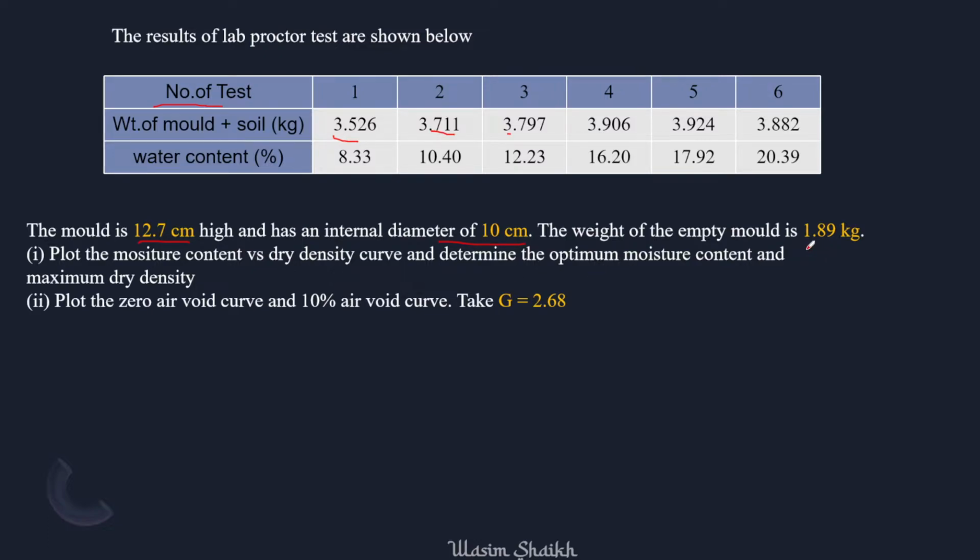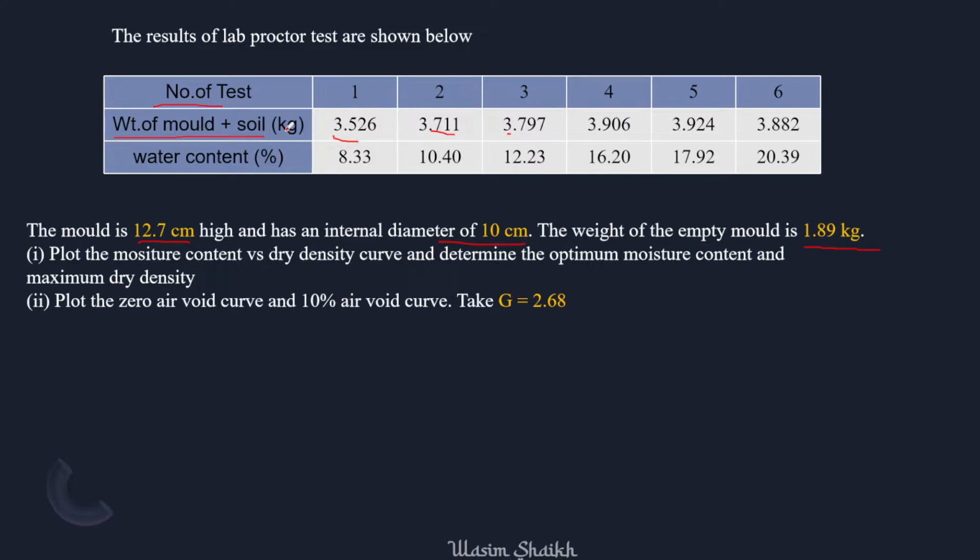The weight of the empty mold is given as 1.89 kgs. If we subtract this 1.89 from row number 2, we get the weight of the soil only. Then we divide this weight by the volume to get the bulk density, and convert that bulk density into dry density.